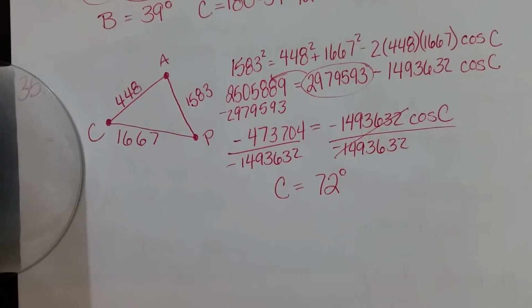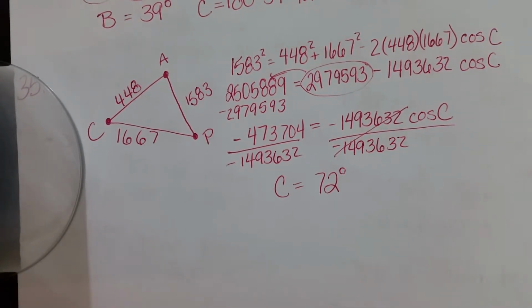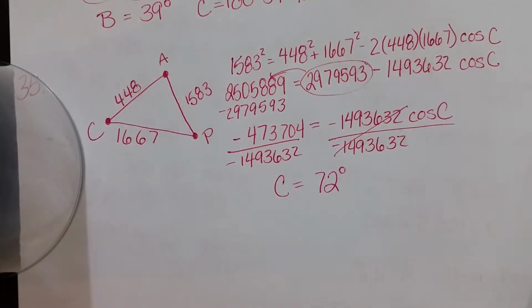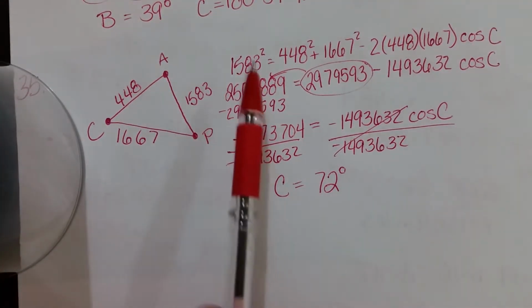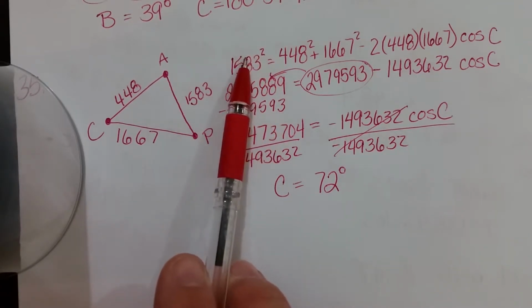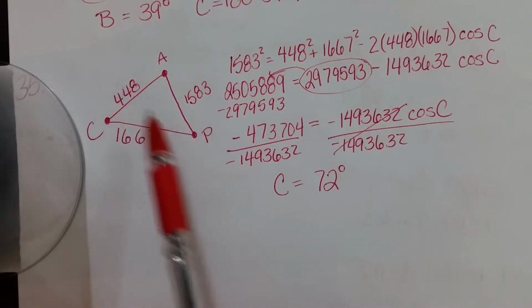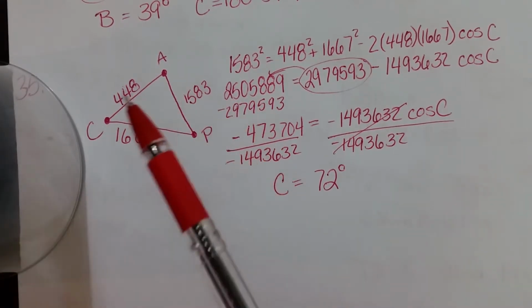Alright, so from there, you're going to want to find another angle. You could use sine rule using 72, but to be honest, I just rounded a lot to get 72, so really it's probably better if you use cosine rule again. I'm going to go ahead and do that, but I'm going to do it a little bit faster and sort of putting all the numbers in at once.